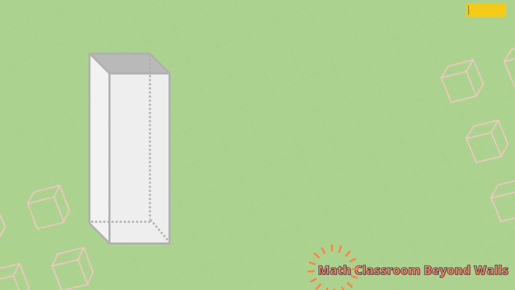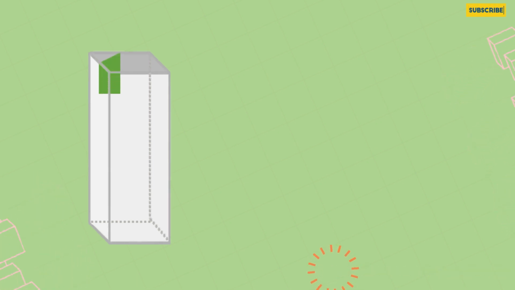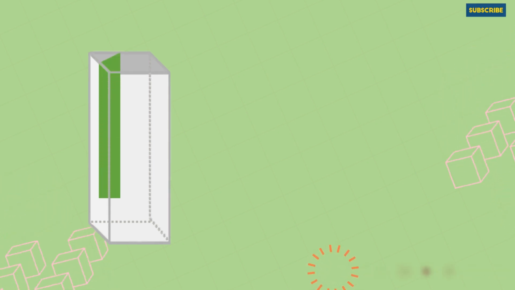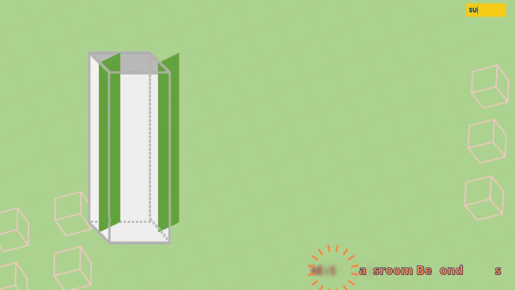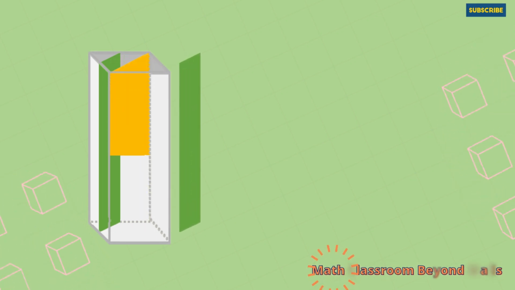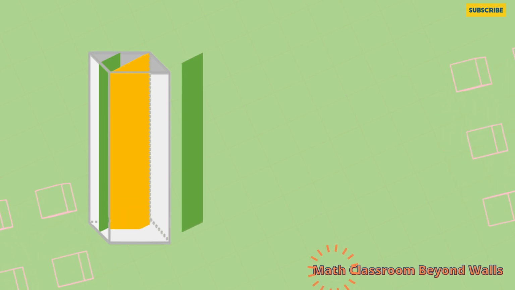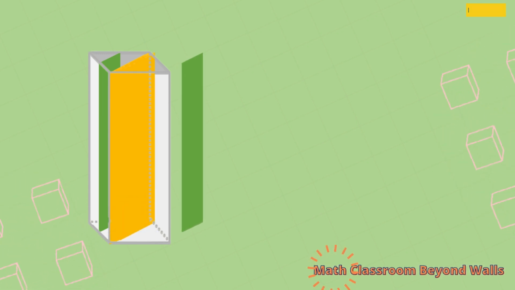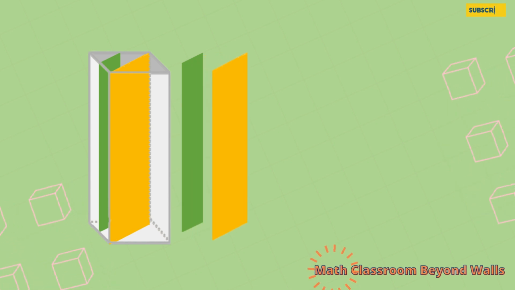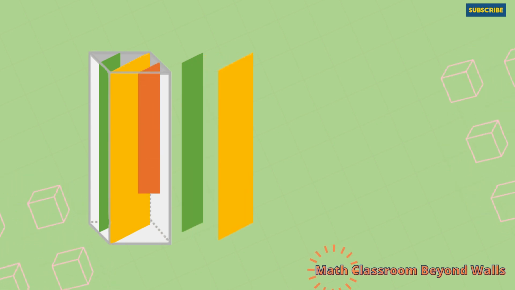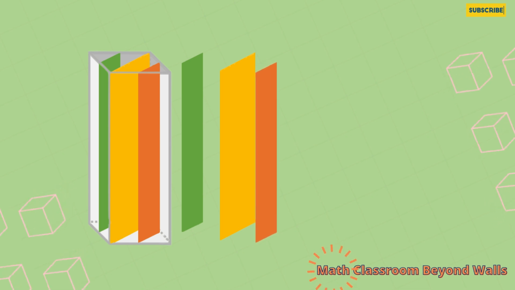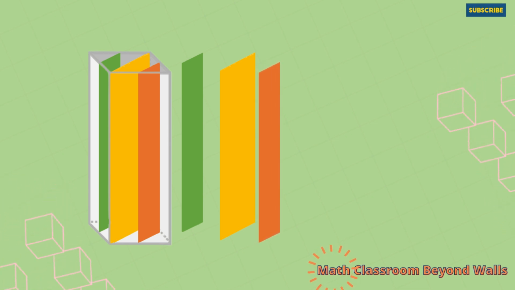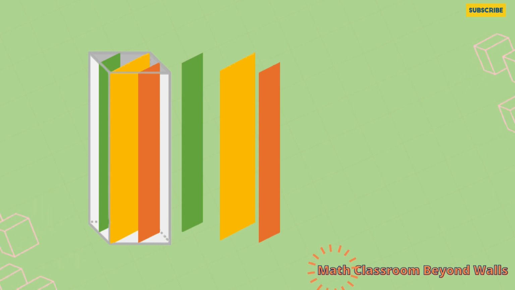Okay, let us slice it to see what the outcomes are. So, it still produces rectangular cross-sections.